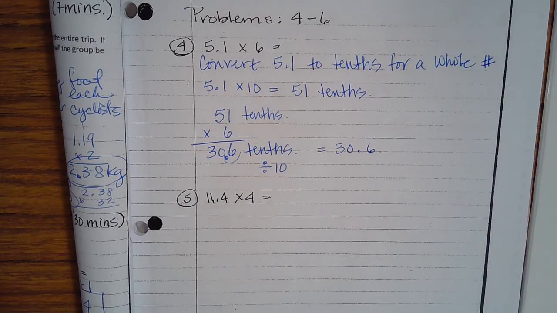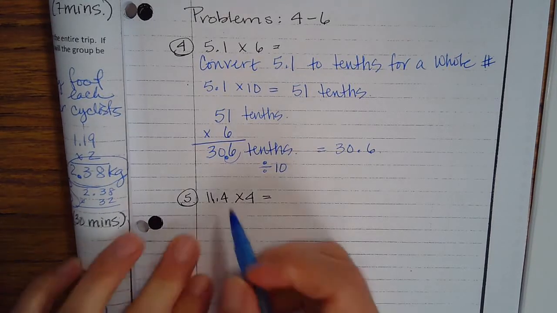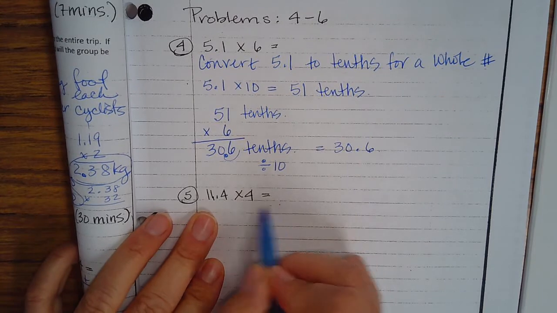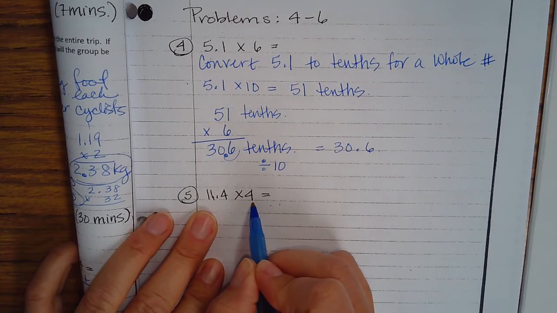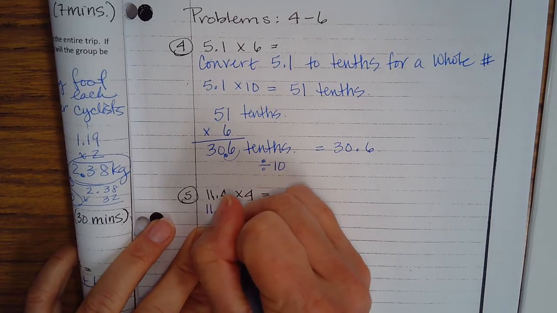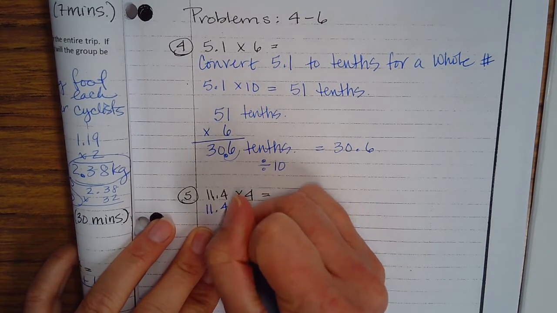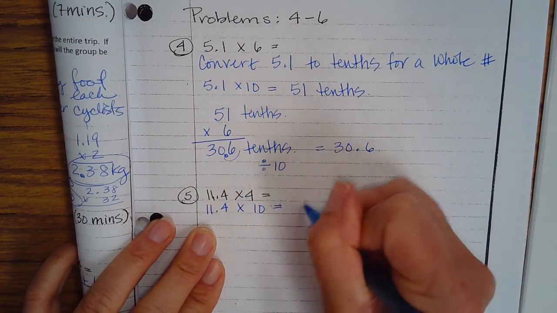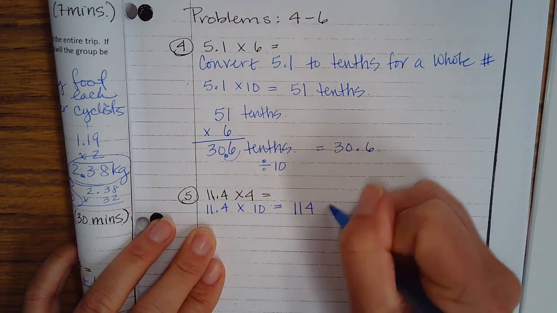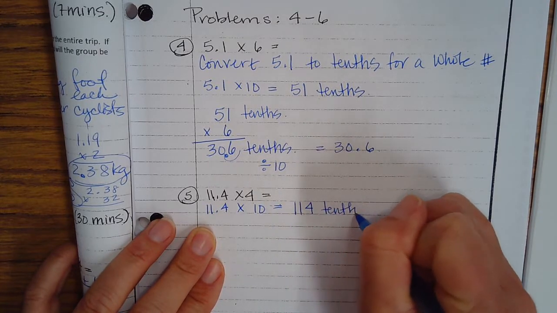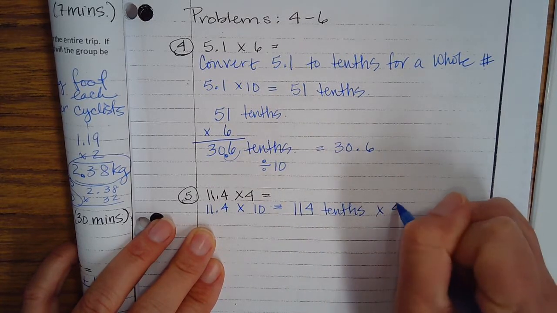Now, let's keep going. So, if I'm converting this and getting rid of the decimal, I'm going to go 11.4 times 10, which is going to give me 114 tenths times 4.